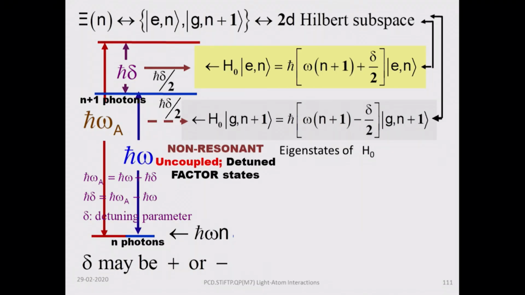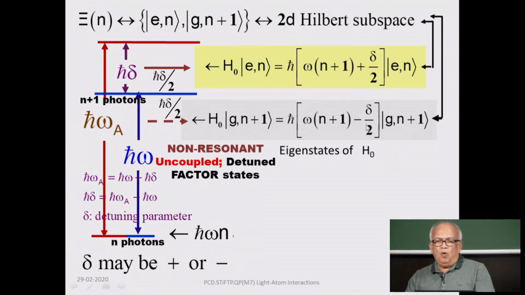That is the only thing that is possible. So, only these two states, which is G n plus 1 and E n, but n can be anything, n can be 0, n can be 1, n can be 2, n can be 3 and so on, right.